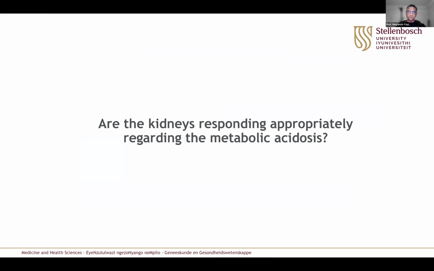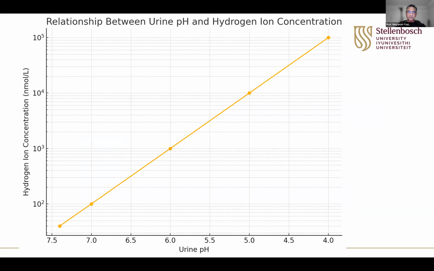So are the kidneys responding appropriately regarding the metabolic acidosis in this case? Just to understand a little bit regarding the way in which the kidneys maintain acid-base balance, first we need to understand that the kidneys don't excrete acid or hydrogen ions in the form of free hydrogen. And it's simply for the following reason. We can see on the y-axis the hydrogen ion concentration in nanomoles per liter, and on the x-axis the urine pH.